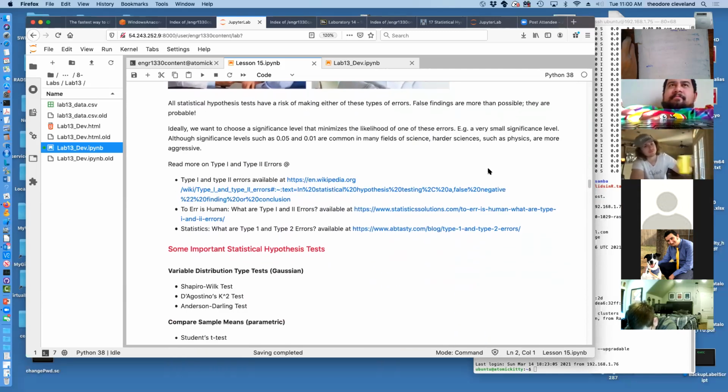So all statistical hypothesis tests have risks of making either of these types of errors. False findings are more than possible, they're probable. If we do enough experiments, we're gonna find false positives. Ideally, we want to pick a significance level that reduces the likelihood of one of these errors.